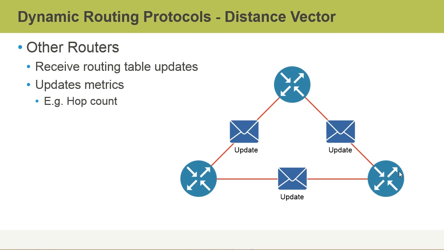So this bottom right-hand router would update its metric information with the hop count of the best possible pathway to reach that destination. That's what happens when a router receives the update message: it updates its routing table with that information, and that includes updating the hop count. So in this video, we discussed characteristics of distance vector routing protocols.